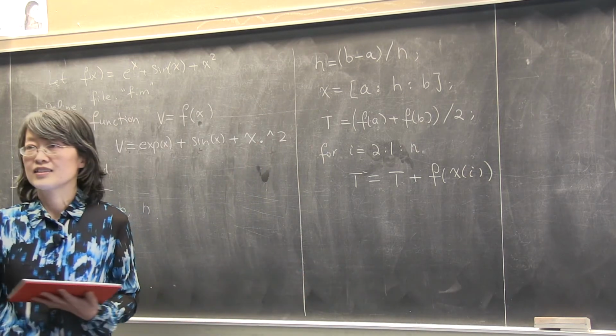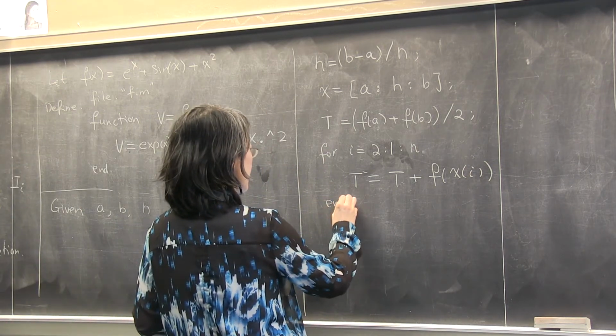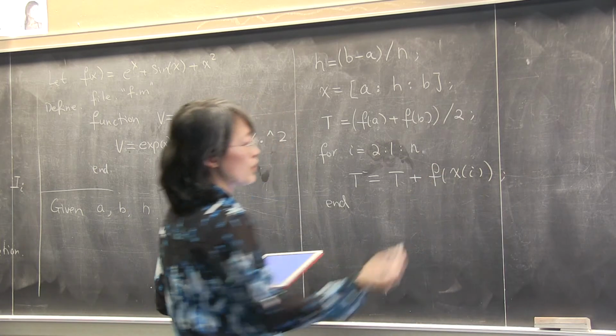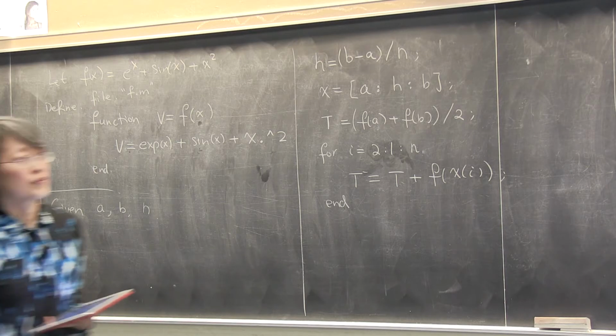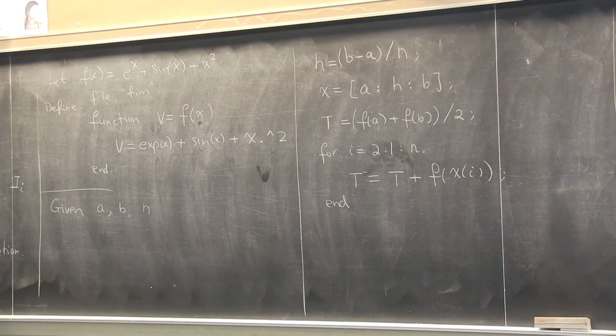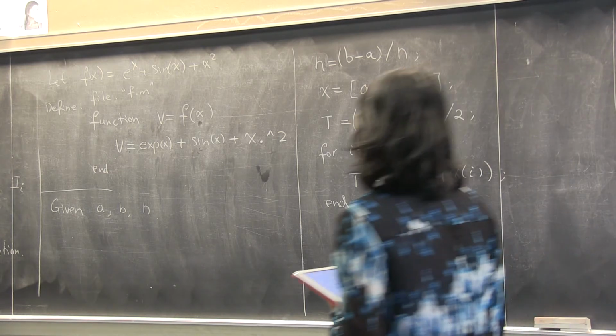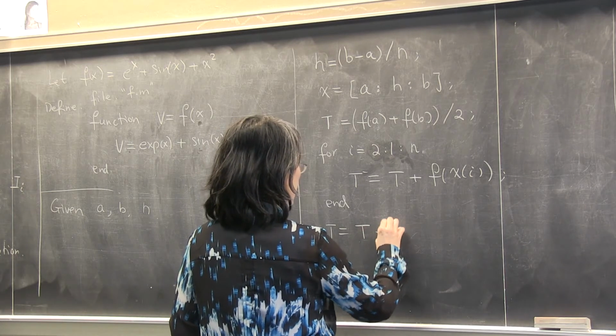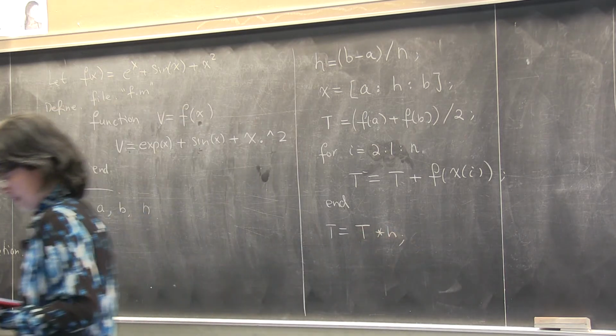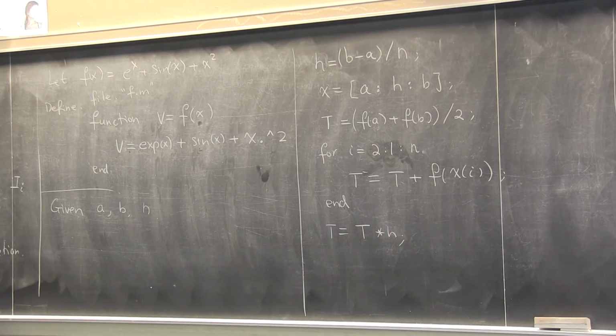Is that clear? Put a semicolon. You don't want all that output. Now what will be the t value when this finishes? It will be the value in this bracket. Is that right? But then in the end you have to remember to multiply it by h. Is that okay? Can we write a code like that? I bet we can, right?